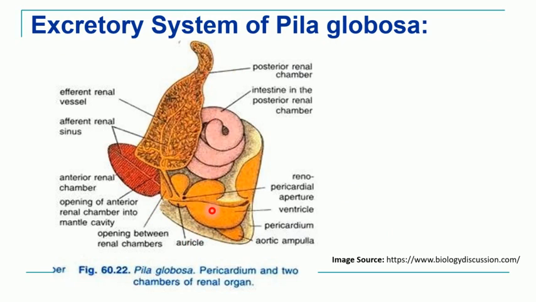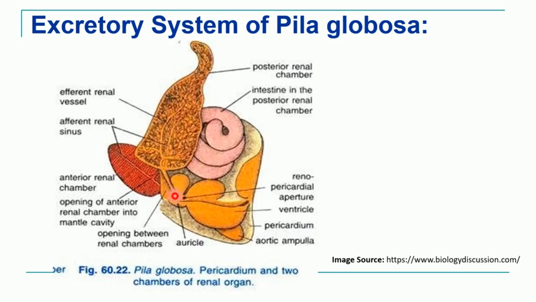Okay, in this diagram we can see that these two chambers, that is the anterior and posterior chamber, are communicating with each other. So there is an opening present which connects these anterior and posterior chambers. Similarly, this posterior chamber also communicates with the heart.